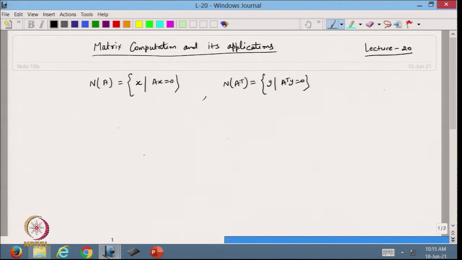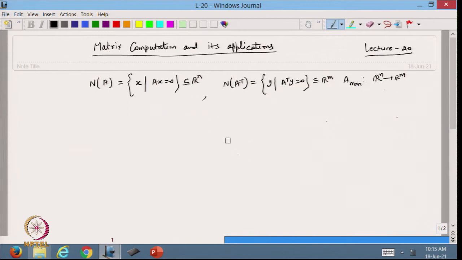And we found that if we have a matrix A that is M cross N, it defines a linear transformation, or linear function, from Rn to Rm. In this case, I know that this is a subspace of Rn and this is a subspace of Rm. So that we have discussed.